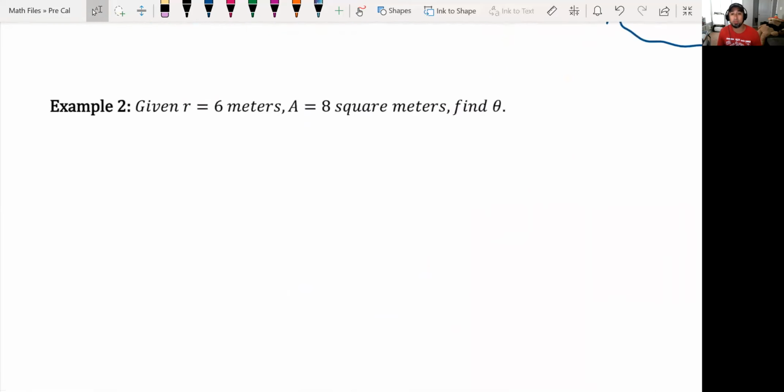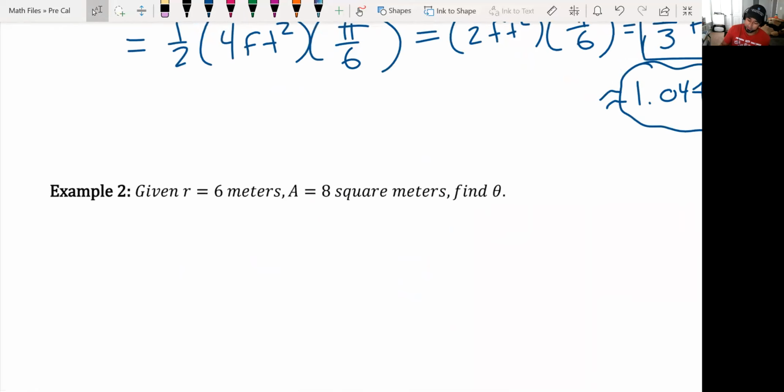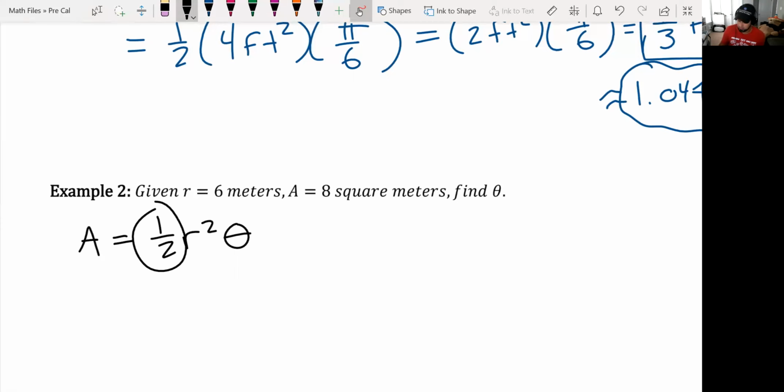All right, 2. Given the radius is 6 meters and the area is 8 square meters, find theta. All right, this time we solve for theta. So remember the formula is A equals 1/2 r squared theta. We want to solve for theta, so let's rearrange the formula and get theta by itself. The first thing I'm gonna get rid of is this 1/2.